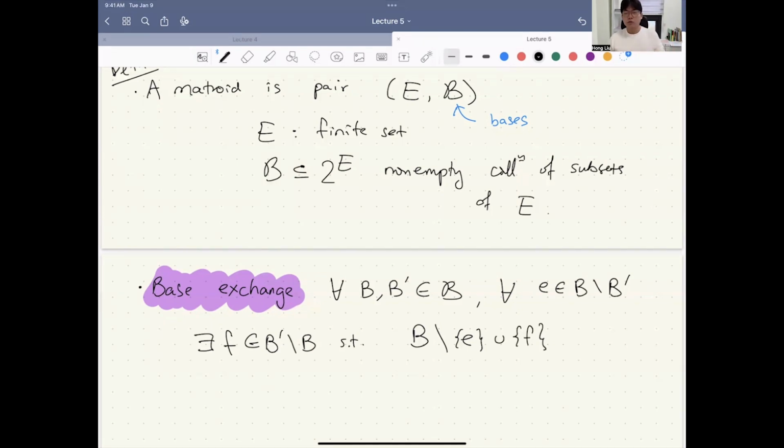This new resulting set is still a base in our matroid B. Any questions about this axiom?